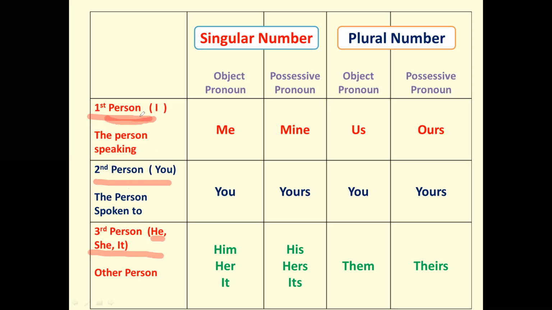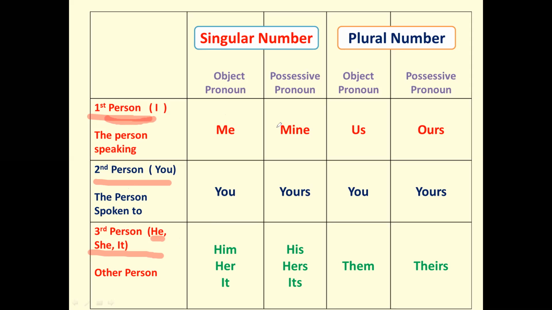First person I, second person you, and third person he, she, it. So a possessive pronoun is a pronoun that replaces a possessive noun, and it shows membership or ownership.